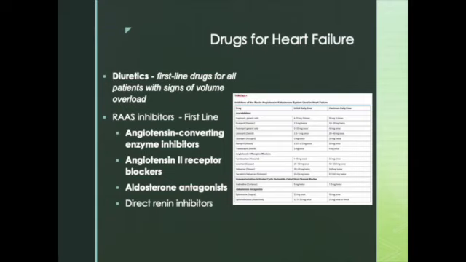Aldosterone can also promote vascular fibrosis, which will decrease arterial compliance, and it promotes baroreceptor dysfunction. With a patient with heart failure, activation of the RAS causes aldosterone to rise.